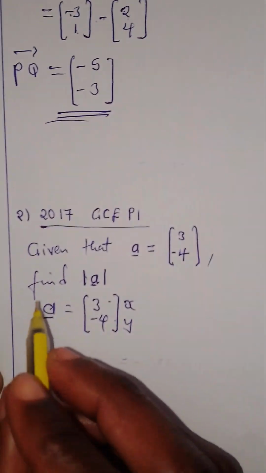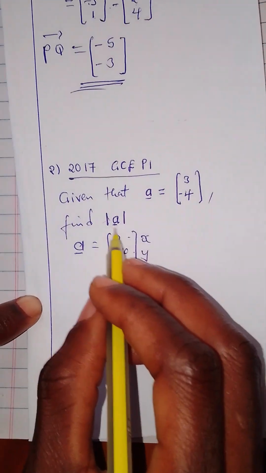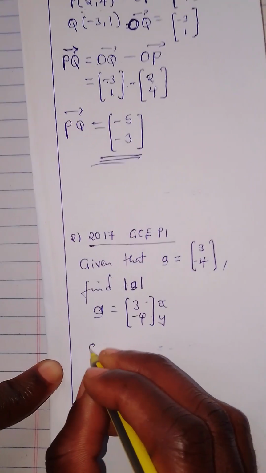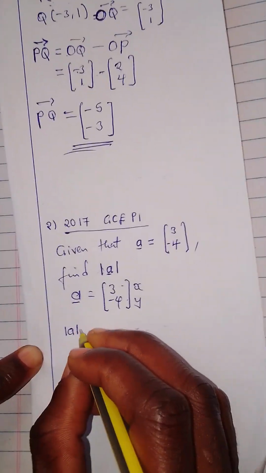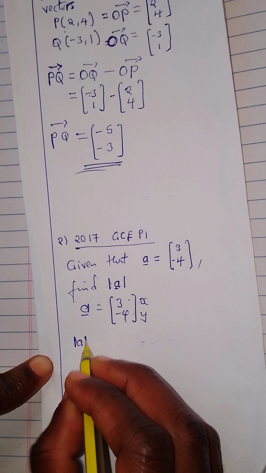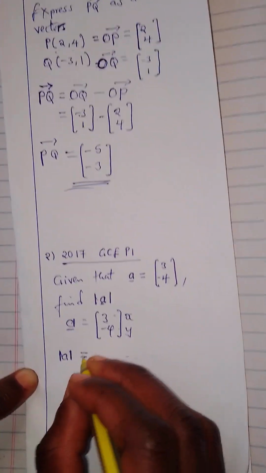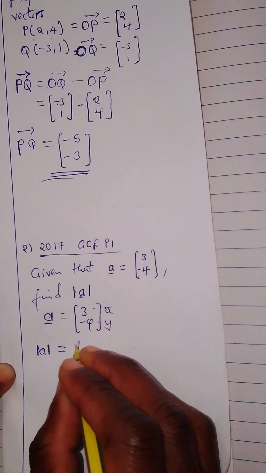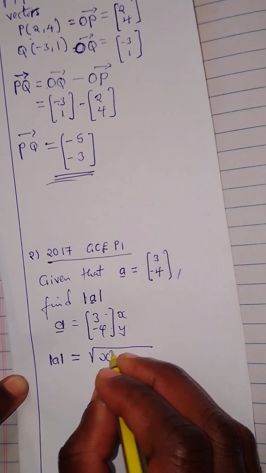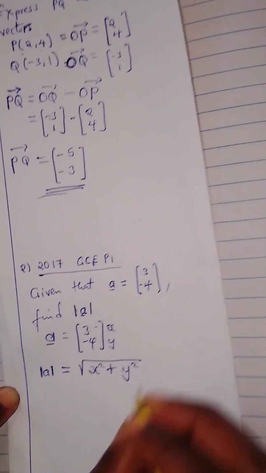We are told to find the modulus or magnitude of vector A. The magnitude of any vector is represented by these bars. The formula for calculating the magnitude is the square root of x squared plus y squared.